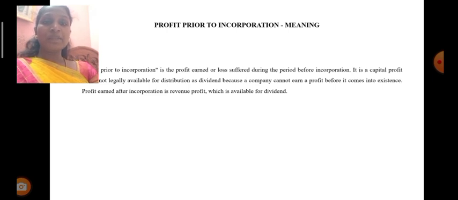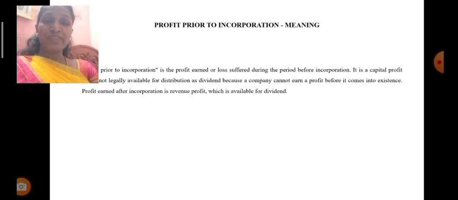When a running business is taken over from a date prior to incorporation or commencement, the profit earned up to the date of incorporation or commencement is known as profit prior to incorporation. The same is to be treated as capital profit, since these are profits which have been earned before the company came into existence.